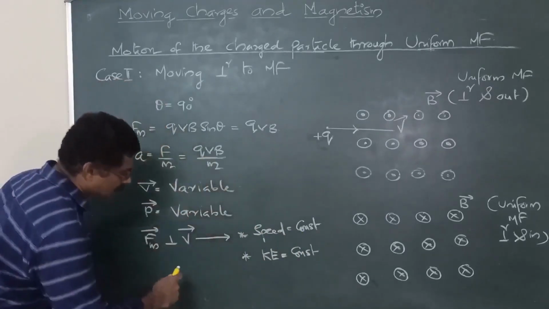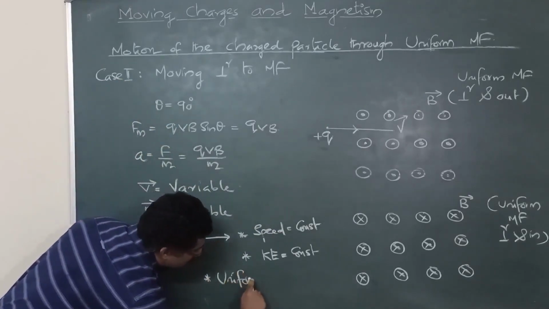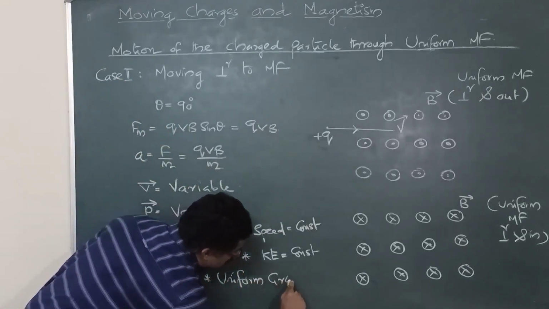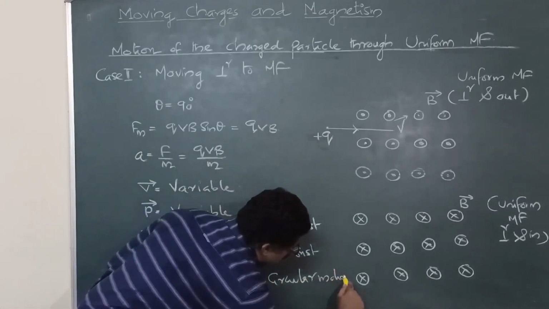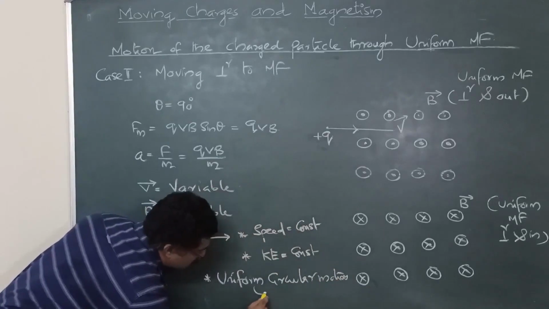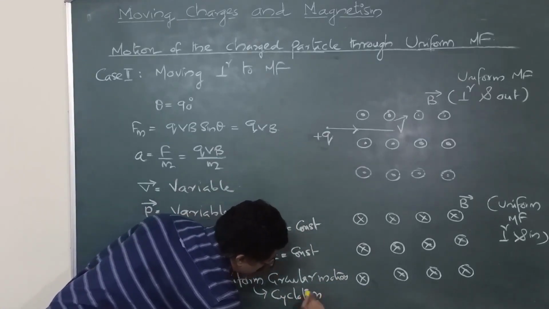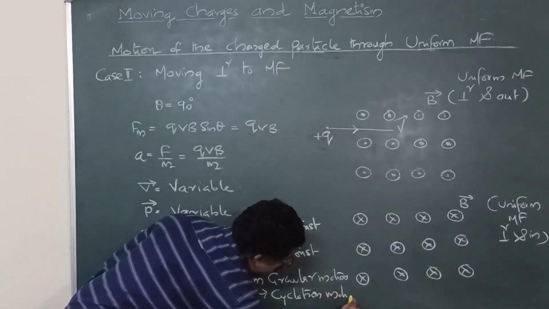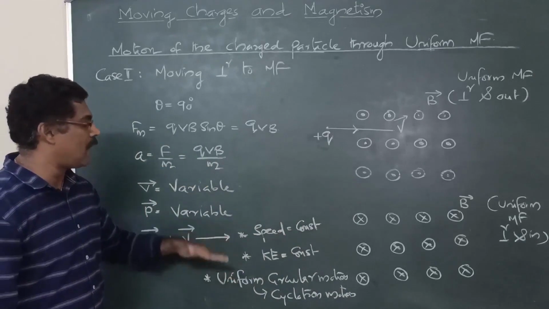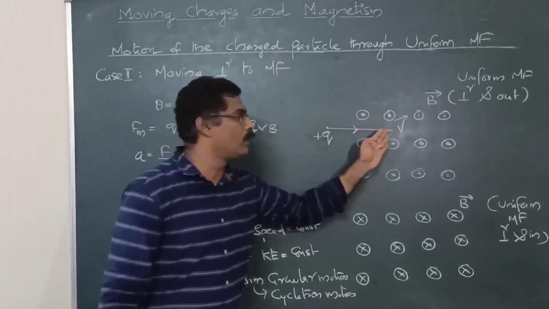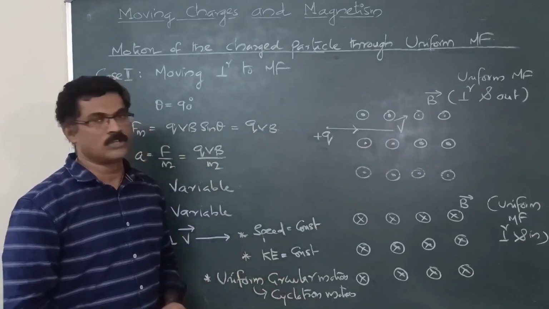So in this case, the charged particle describes uniform circular motion, and this circular motion is called cyclotron motion. That is, uniform circular motion of a charged particle in a perpendicular magnetic field is known as cyclotron motion.